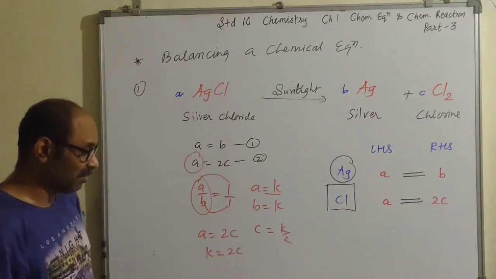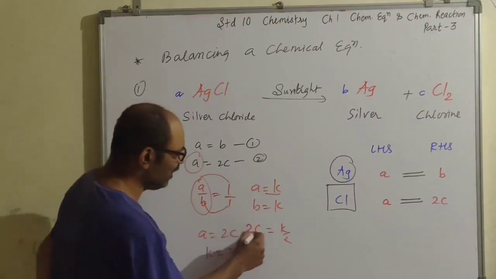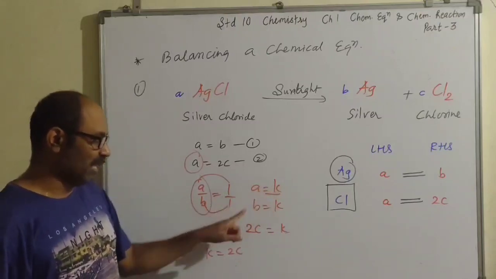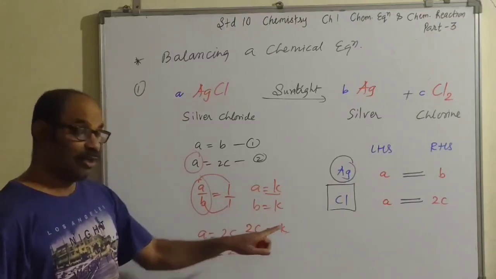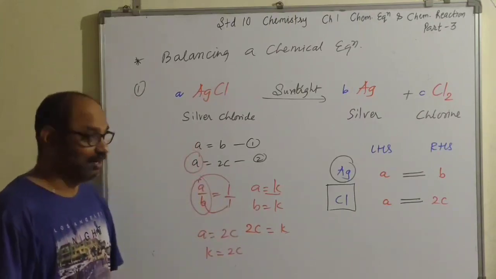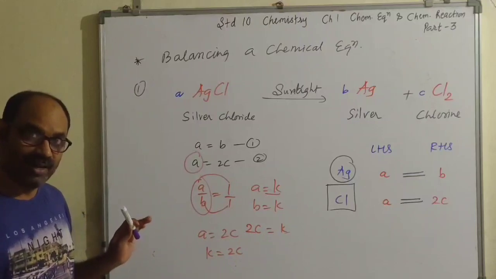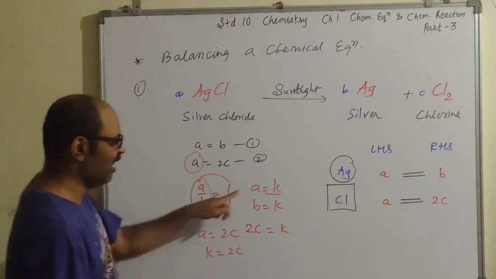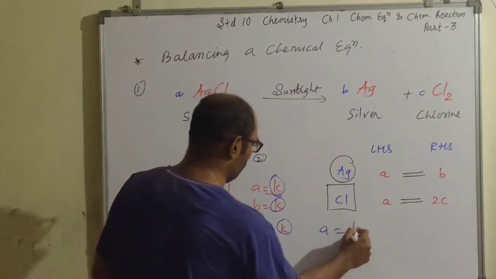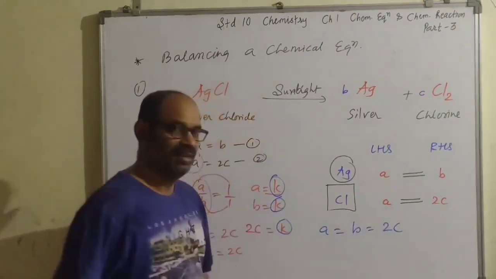Now this is interesting. Can I write 2C here so that the right hand sides are equal? A equal to K, B equal to K and 2C equal to K. Be careful, 2C equal to K. Got it? So equality is developed. What is the equality? K, K, K. So you can say A is equal to B is equal to 2C.